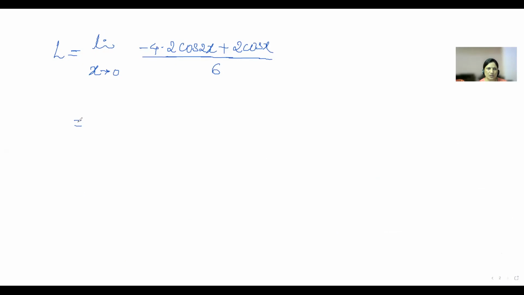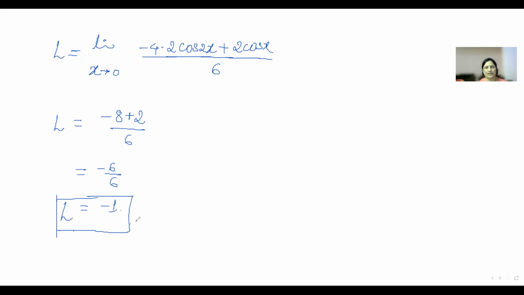So put x equal to 0: minus 4 into 2 is minus 8, cos 0 is 1, plus 2 cos 0 is plus 2, divided by 6. Therefore, we are getting the finite limit: minus 8 plus 2 is minus 6, divided by 6, equal to minus 1. This is the finite value of the given limit.